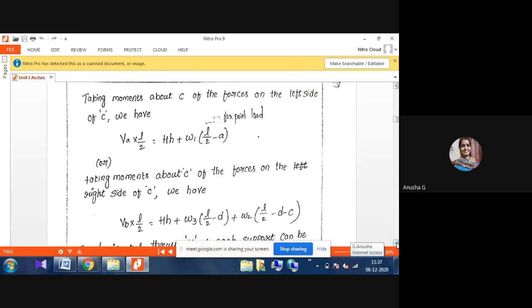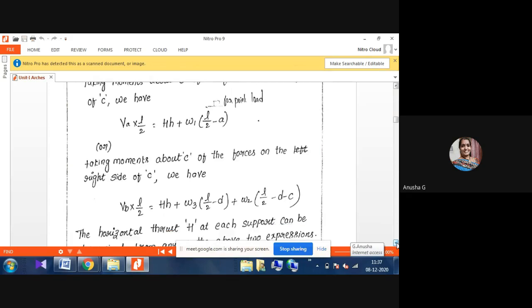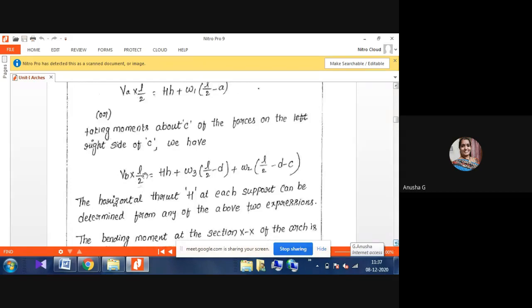Okay, if you consider from the B side, what will happen? VB into half of the distance, and on the VB side also one H will be there. That is H into H, plus W3, the third load that is acting, into L by 2 minus D, plus W2 into L by 2 minus D minus C. That is the total distance.